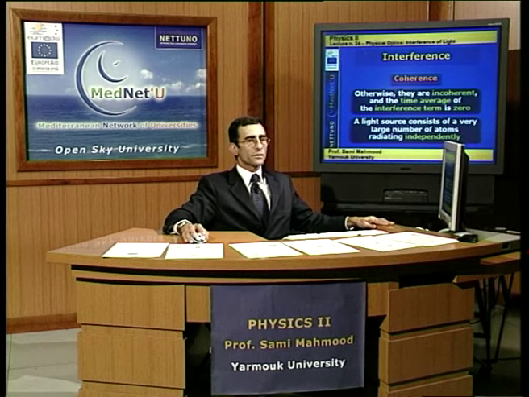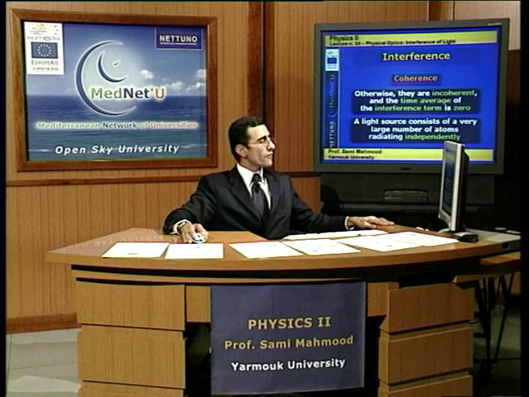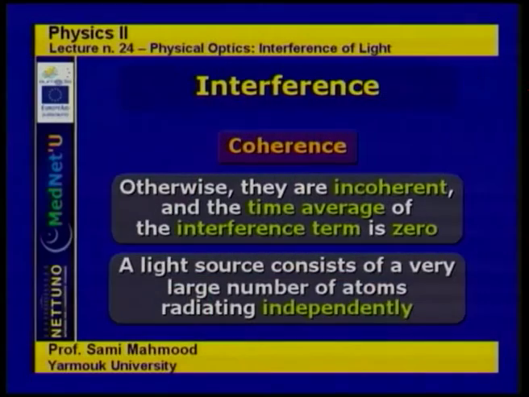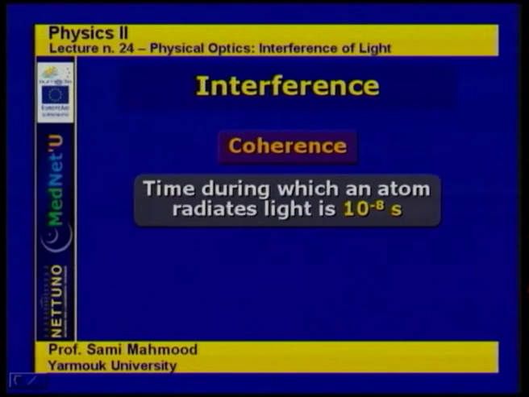A light source consists of a very large number of atoms, and these atoms are radiating independently. The time duration during which an atom radiates light is 10 to the minus 8 seconds. So an atom radiates light during a time interval of around 10 to the minus 8 seconds.